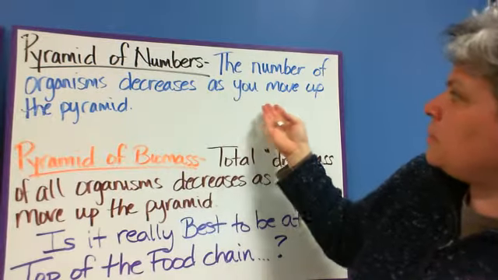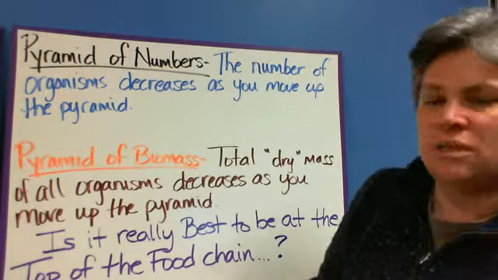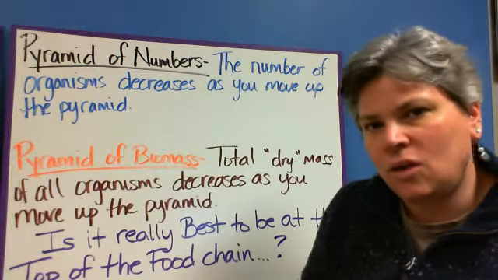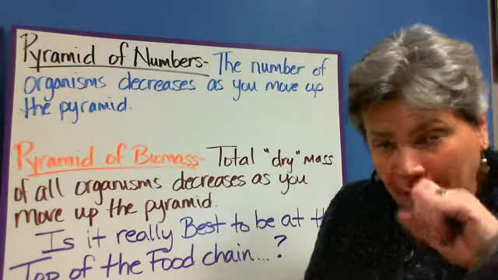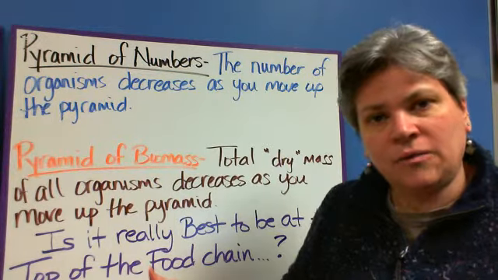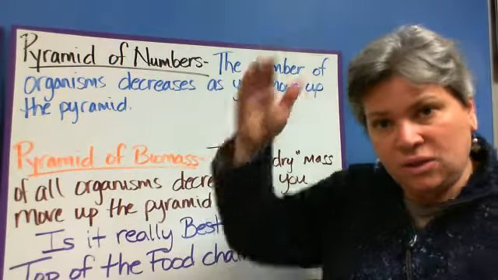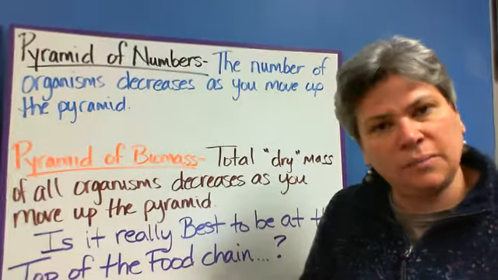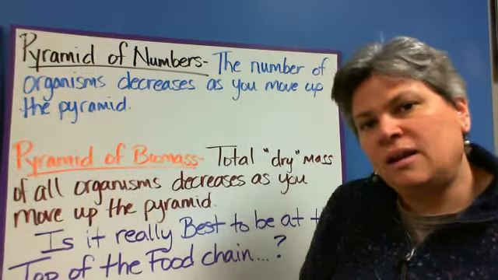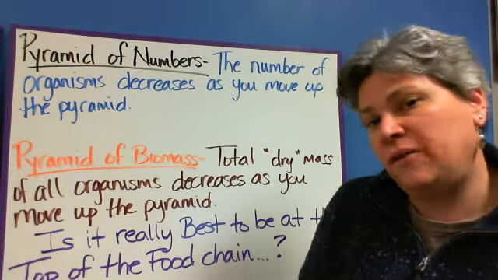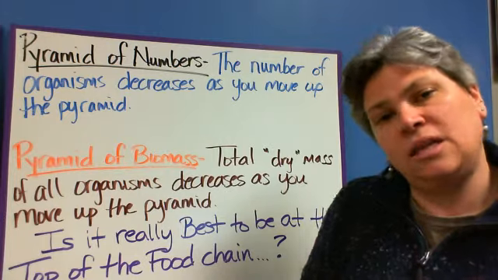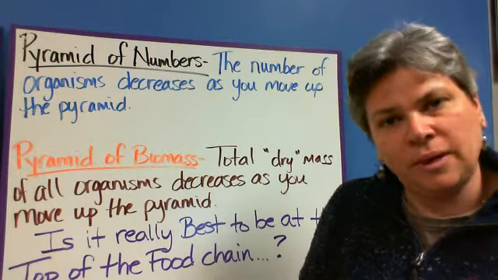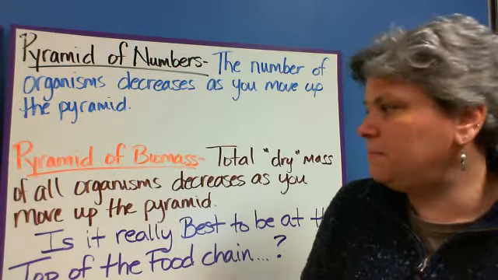The pyramid of numbers, the number of organisms decreases as you move up the pyramid. No big surprise. So if I had 100 at the bottom, my next level might have 75, 50, 25. I've decreased my number as I've moved up. That's the pyramid of numbers. That number could be equivalent to the amount of energy, and that amount of energy is decreasing as you move up the pyramid, as you move up the food chain.